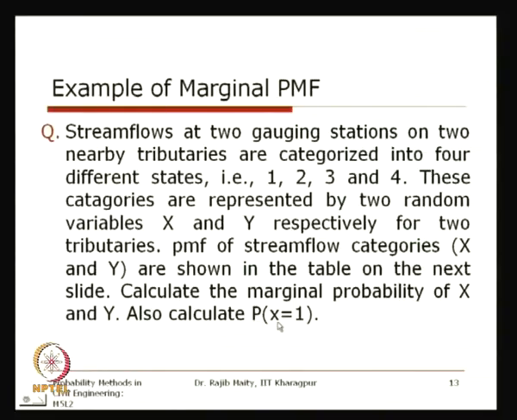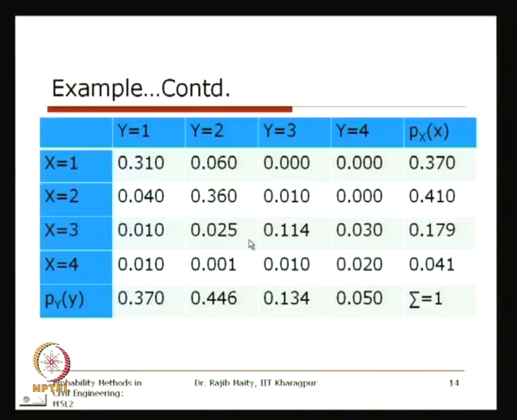So for the probability x equals 1, we will get the marginal distribution of x. This is that PMF, with the different states x equals 1, 2, 3, 4, and similarly y equals 1, 2, 3 and 4.